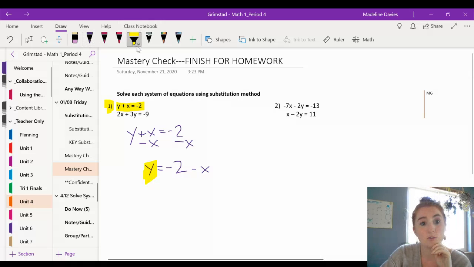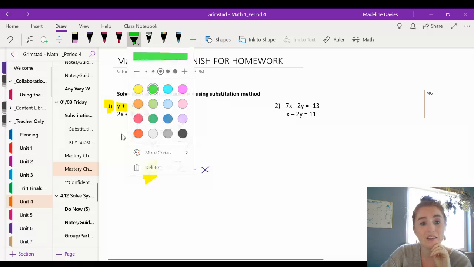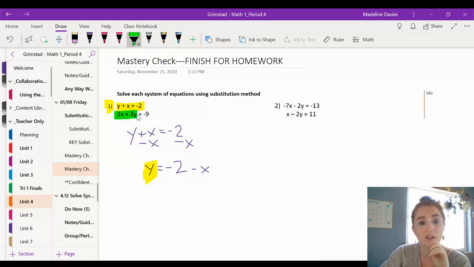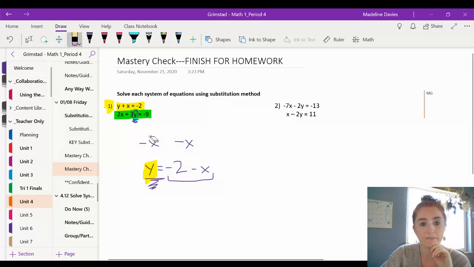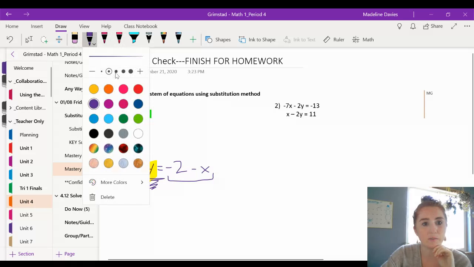Hallelujah. Which means that I can go back to my two problems, and I can look at this second one now, and I can substitute where I see this y. I can substitute -2 minus x in for this y, because this told me what y equals. So let's just plug it in. I'm going to rewrite this now, and I want to make this a little bit bigger.